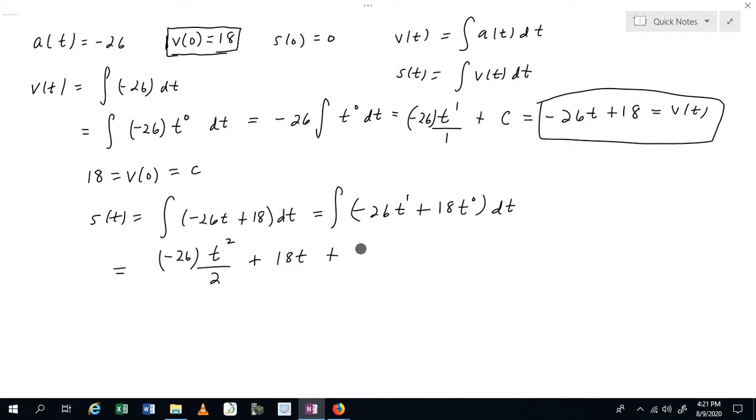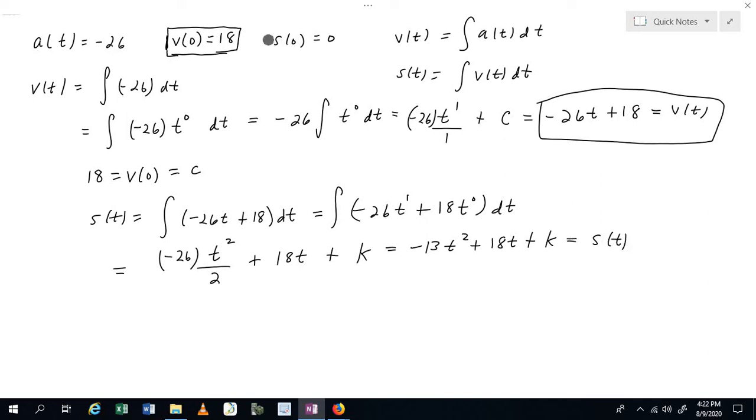Plus some constant, and I'm going to call it k because it might be different than the c here. Let's simplify this first before we solve for k. This is negative 13t squared plus 18t plus some constant k, and that is our position function.